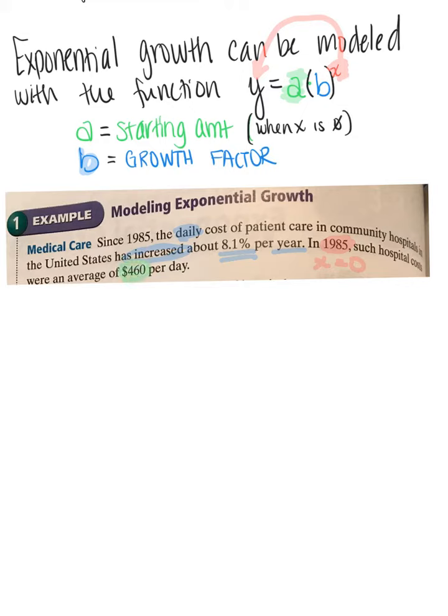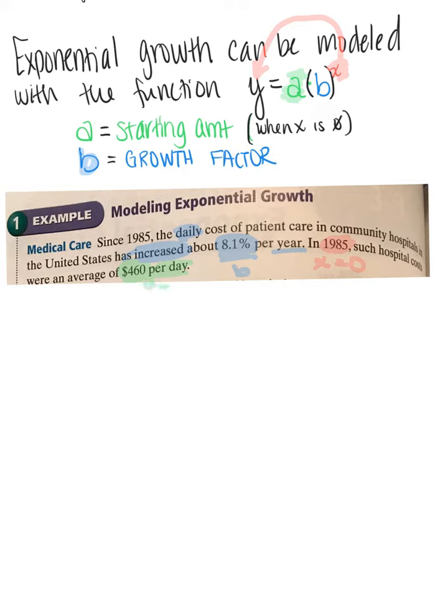So 460 per day is my starting amount. So let's go back and see if we can identify our growth factor. Well, we notice it increased, so we're dealing with exponential growth, not decay. And it increased at about 8.1%. This is the amount that it increased. This is my growth factor.